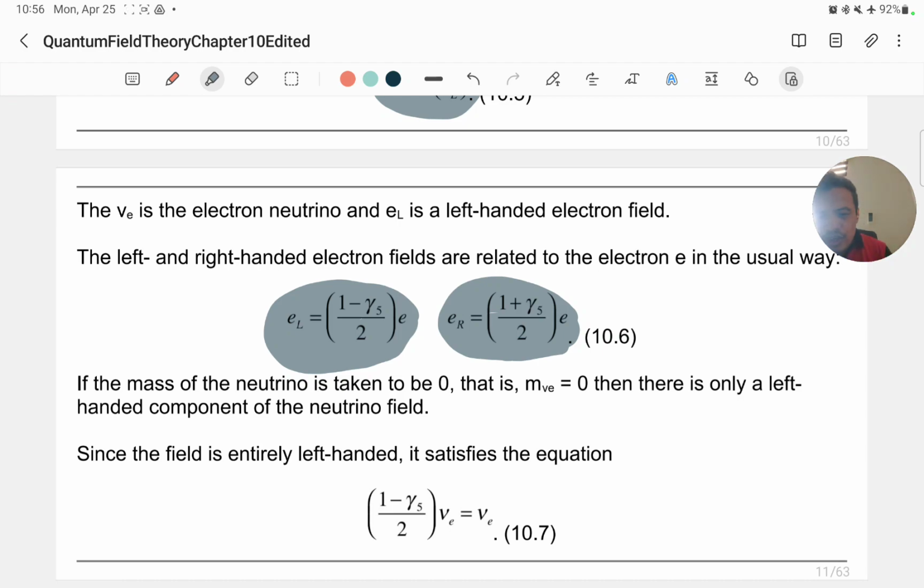So your left-handed neutrino satisfies this, and we just don't use the notation L, we just leave it that way. We just have to understand that it's entirely left-handed.